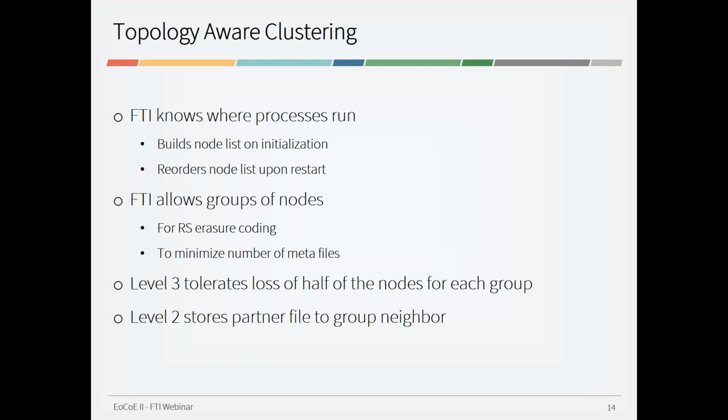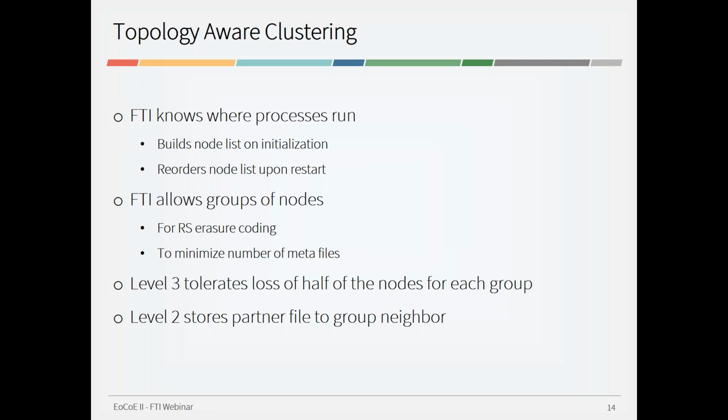So in order to offer these multi-level characteristics, we need to know something. Essentially, what we need to know is where every one of these processes runs, so on which node the processes run. In the beginning, on initialization, FTI builds a list and assigns every process to a node, so that we know this process is here, that process is on another node, and we build some kind of clustering.